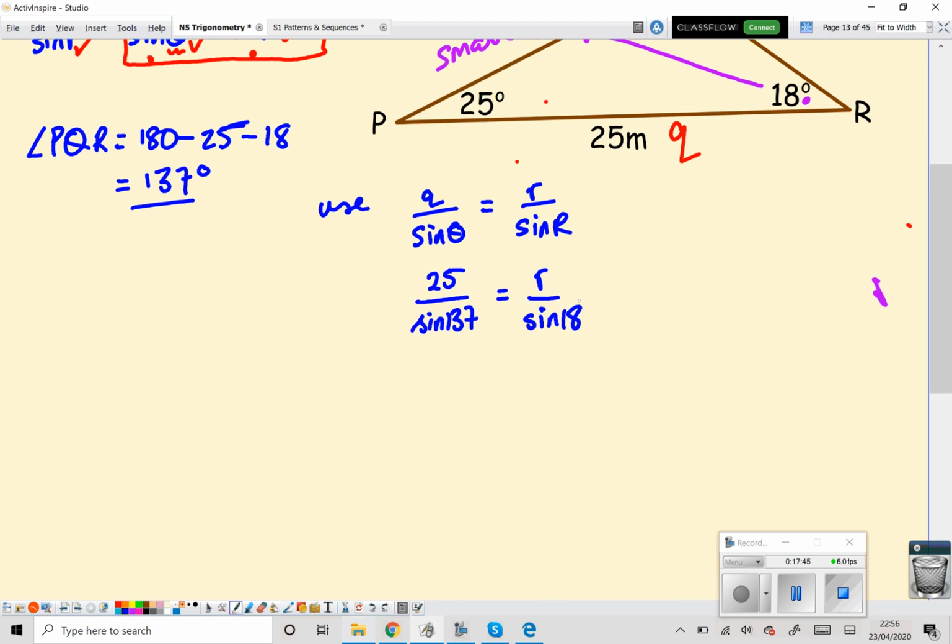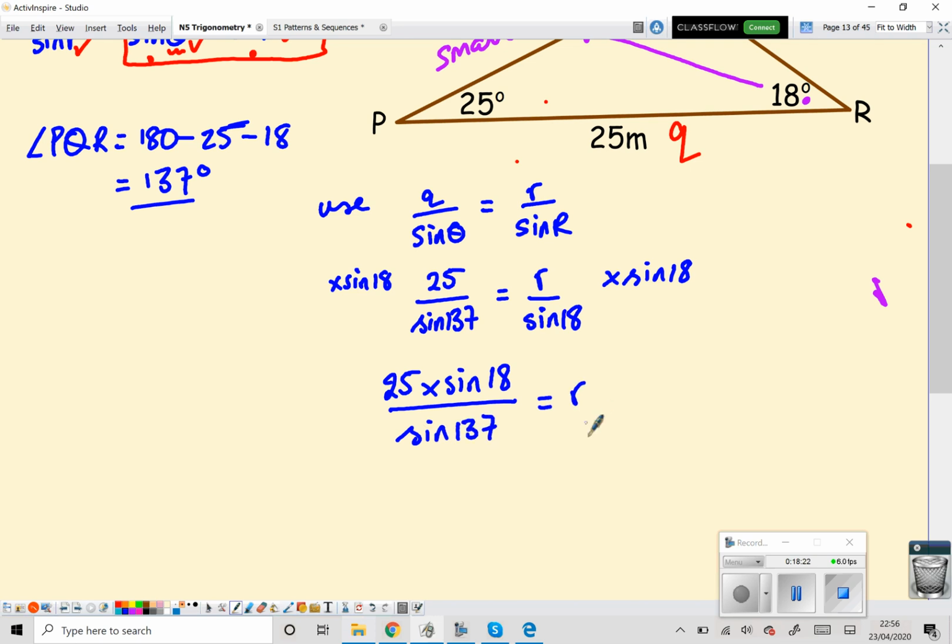Now, you remember in the last example we used our little piece of algebra to help us rearrange this. So r is being divided by sine 18 there, so we multiply by sine 18 to unpick that, and we must do that to the other side of the equation as well. So times sine 18, and we get 25 times sine 18 divided by sine 137 equal to r.